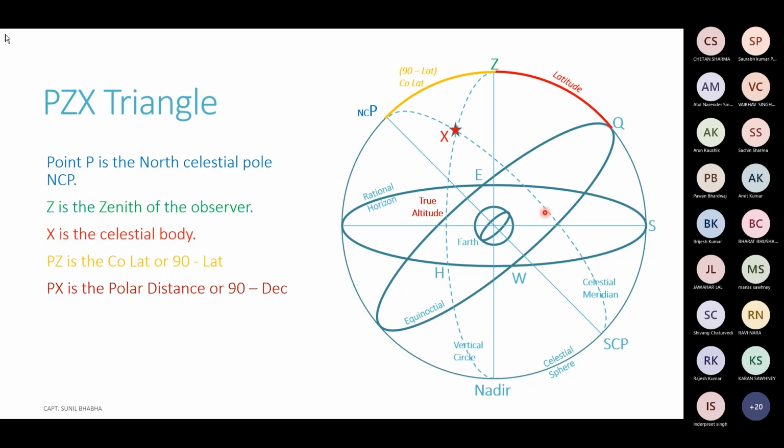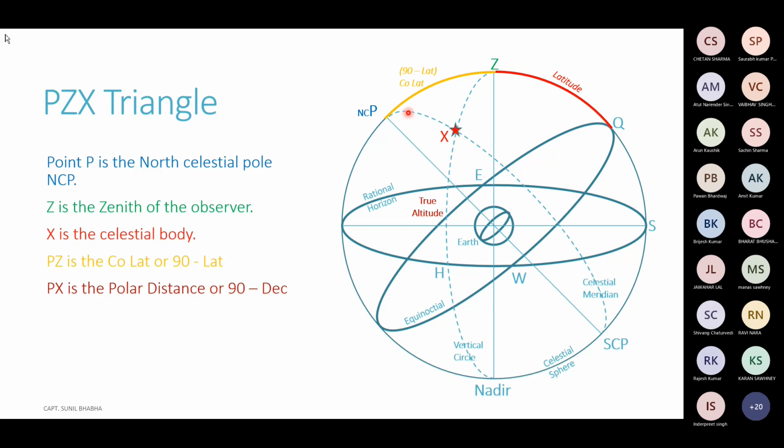And we also know that pole to equinoctial, from the equinoctial, if you go along the arc of the celestial meridian up to the pole, is 90 degrees. Every point on the equinoctial is 90 degrees away from the pole. So pole to equinoctial is 90 degrees. Equinoctial to the celestial body, this arc of the celestial meridian, is the declination.